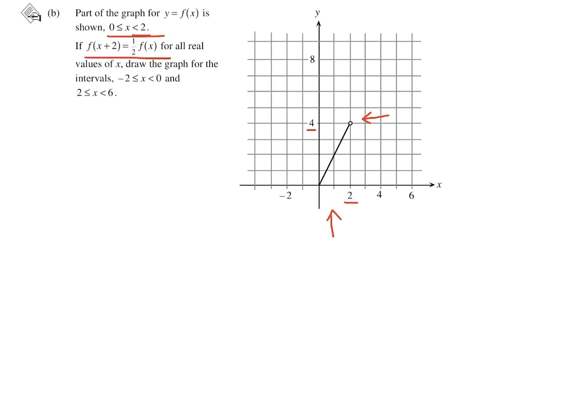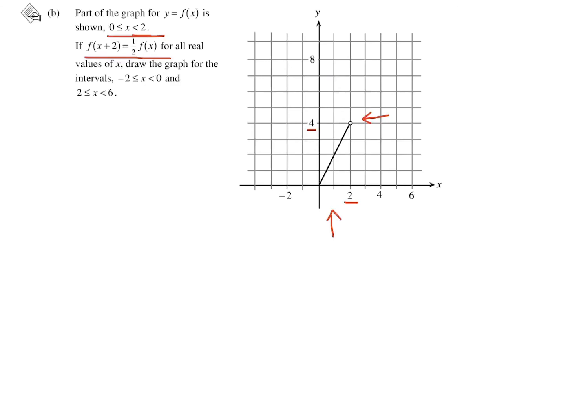So next they want you to work with this. Fx plus 2 is equal to half of f at x for all real values of x. Draw the graph for the intervals x between minus 2 and 0 and between 2 and 6.